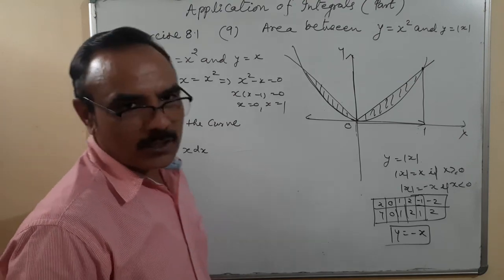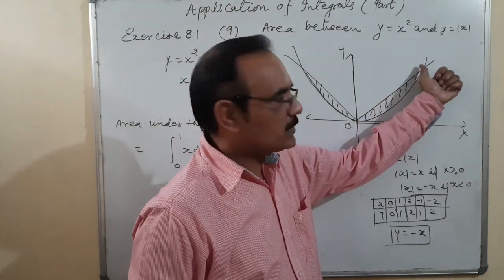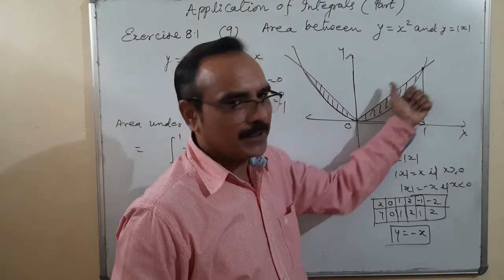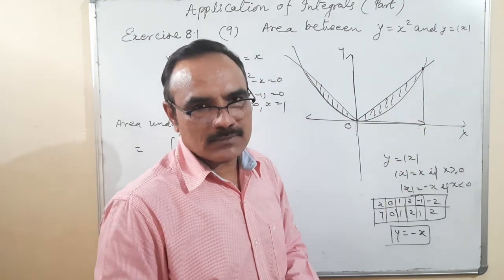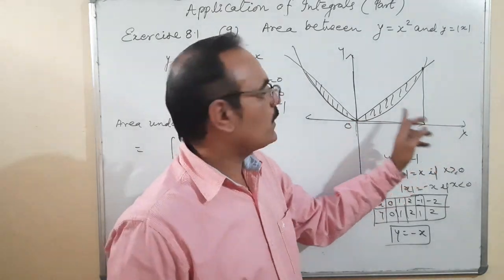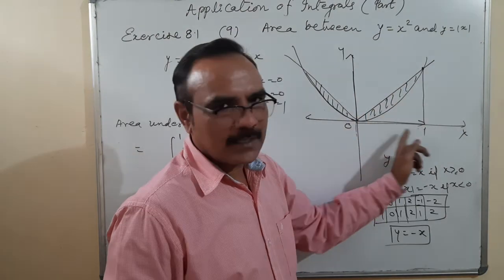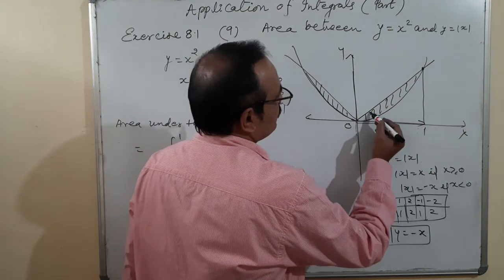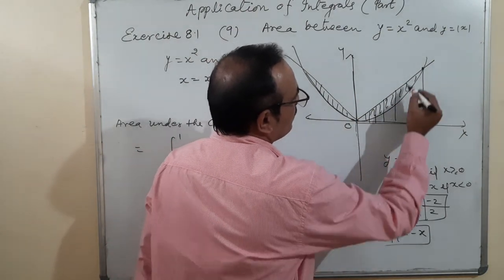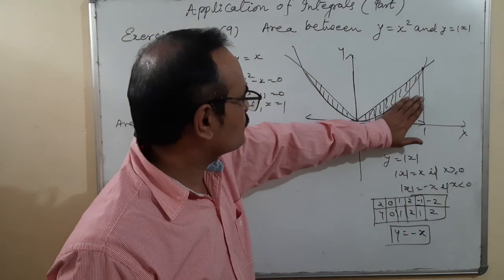How much area have I got now? Limit 0 to 1 of the equation of this line, that means we have got this complete area up to here. This is the mechanism of integration. Limit on the x-axis 0 to 1, and when we put the equation, we obtain this complete area. But from this complete area, we want to subtract this portion.